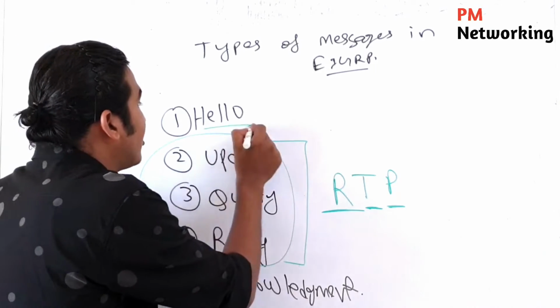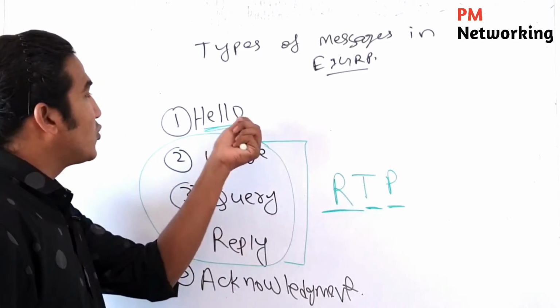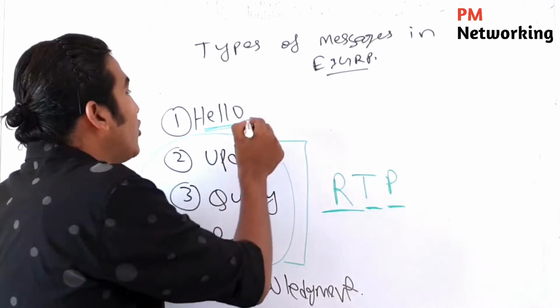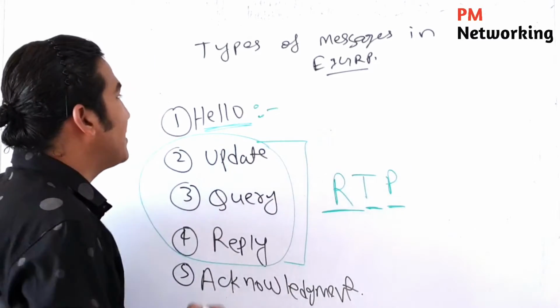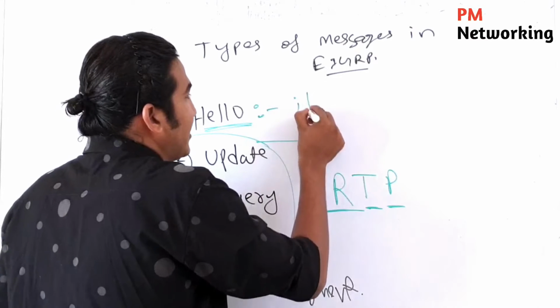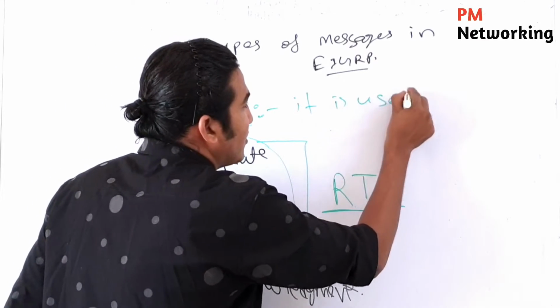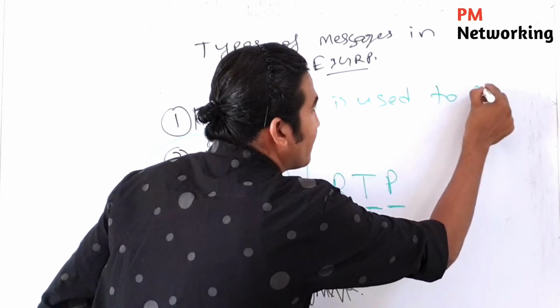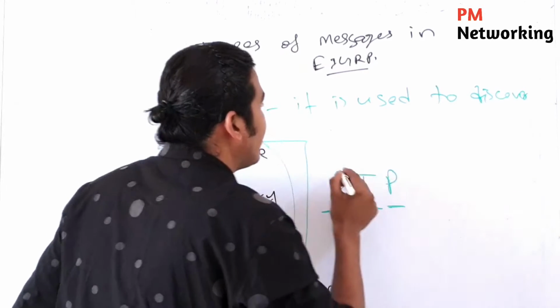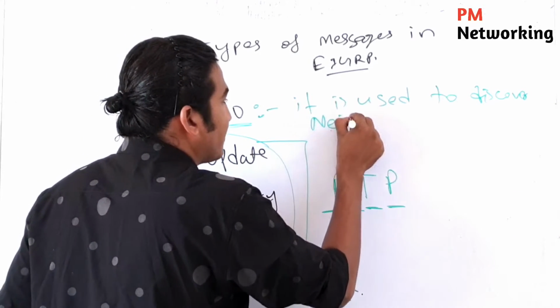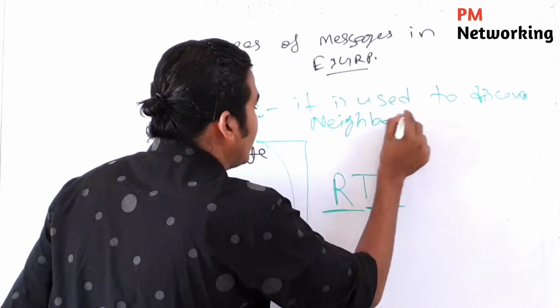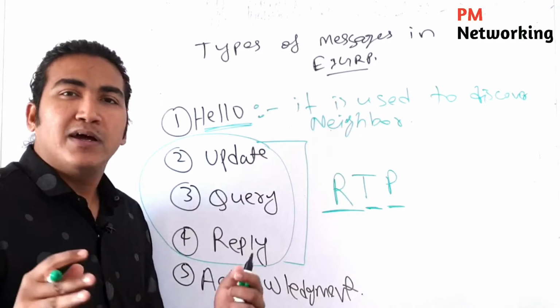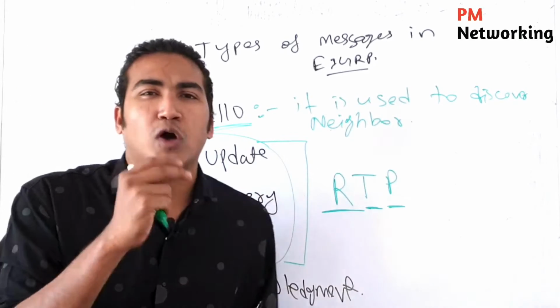So first of all, we are going to discuss hello message. So what is the use of hello message? Hello message is used to discover neighbor, and there are 2 uses of hello message.